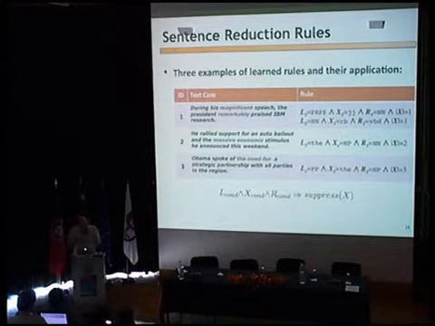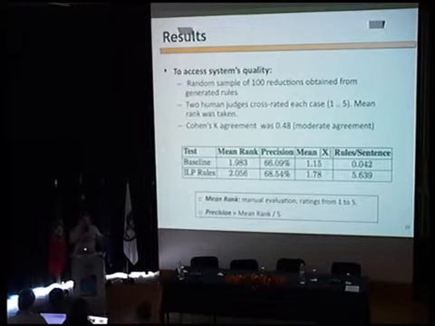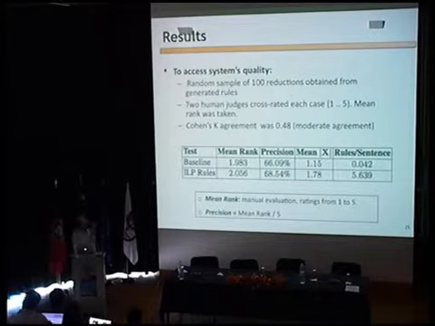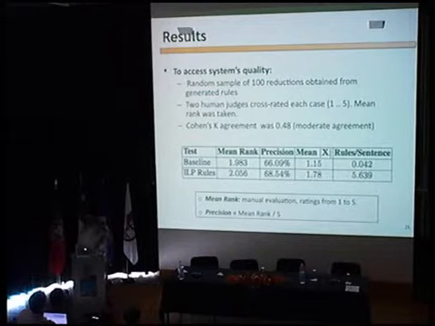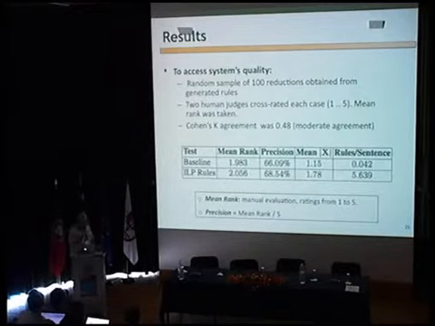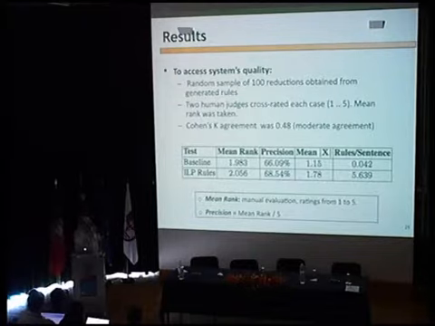So to have a first impression of the quality of the system, we took a random sample of 100 reductions produced by the reduction rules, and then asked two human judges to cross-rate each case on a scale from 1 to 5, where 1 means completely wrong application and 5 is excellent.